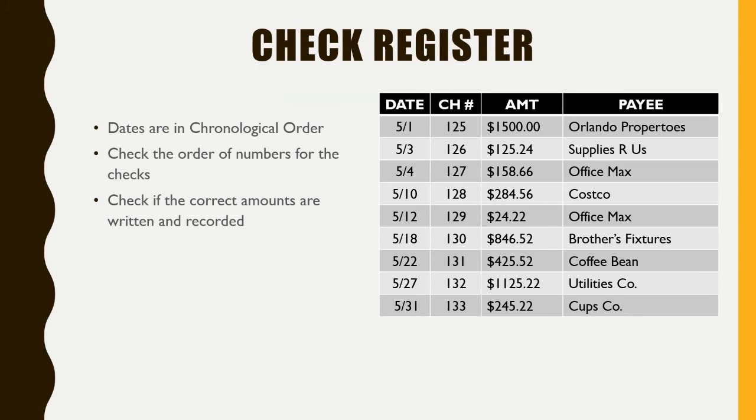Okay, so here we're going to be introducing what the check register is. When we go into a fictitious business, we are going to be practicing using a check register. A check register is like a checkbook, right? Every check that you write out, you're going to record the check number, who you wrote that check to, and the amount that you wrote the check out for, plus the date.